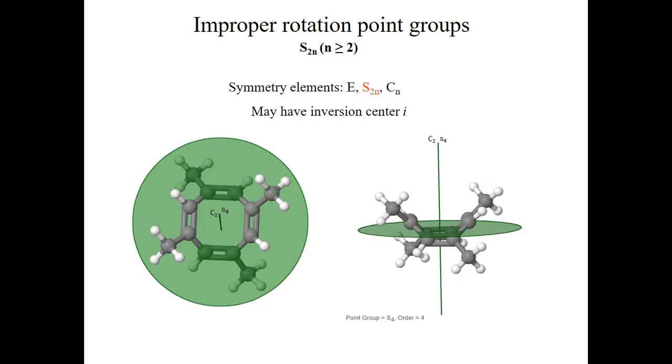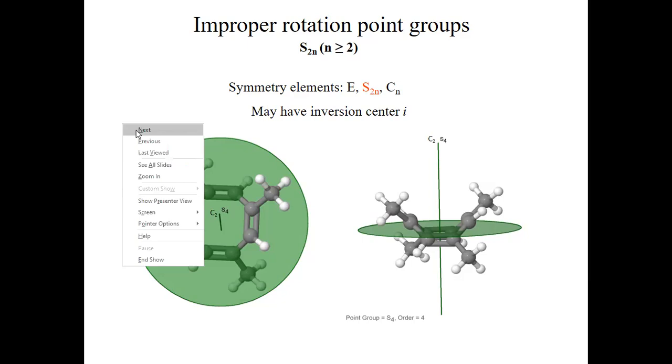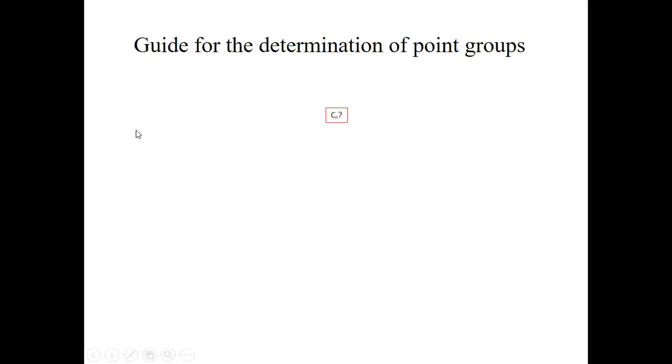All right, so in this guide here, our first question that we ask is, is there a proper rotational axis present in this molecule? If the answer is no, then that means that this molecule must belong to a low symmetry point group.